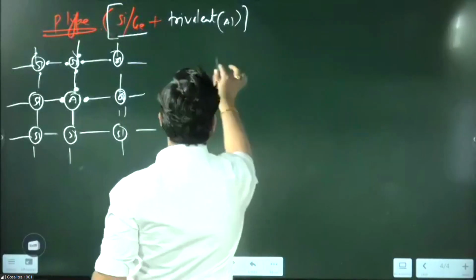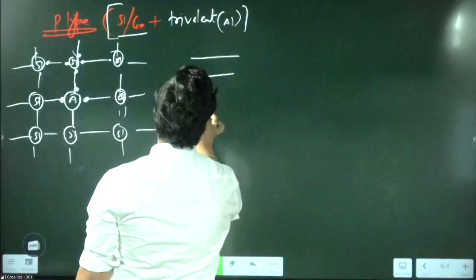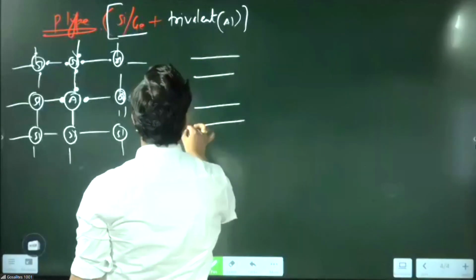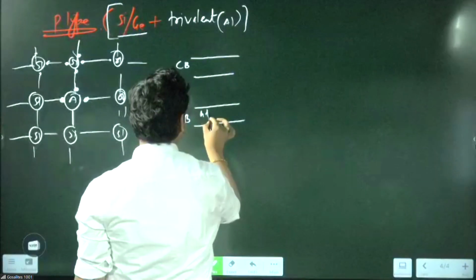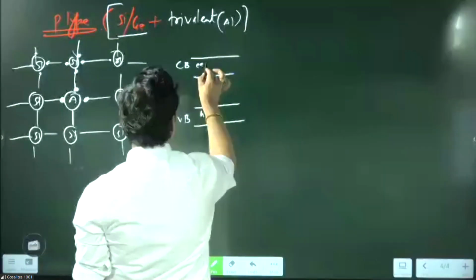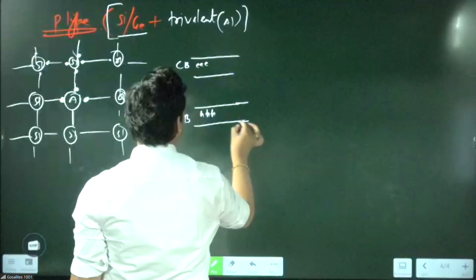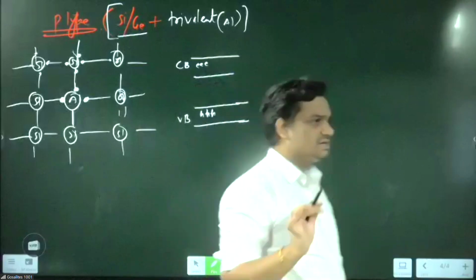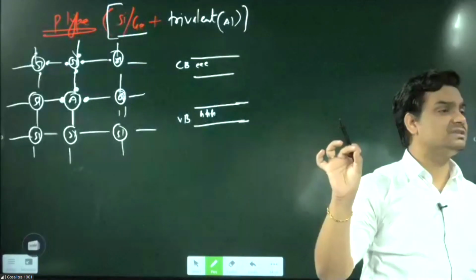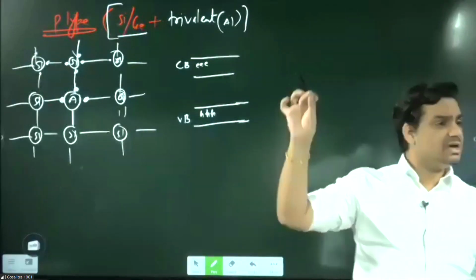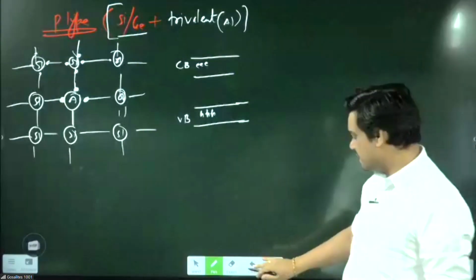One thing we can do: this is the valence band, this is the conduction band. Because of temperature, we are getting some holes and some electrons. Because of temperature, some electrons and holes are always created, but the number is very, very less.